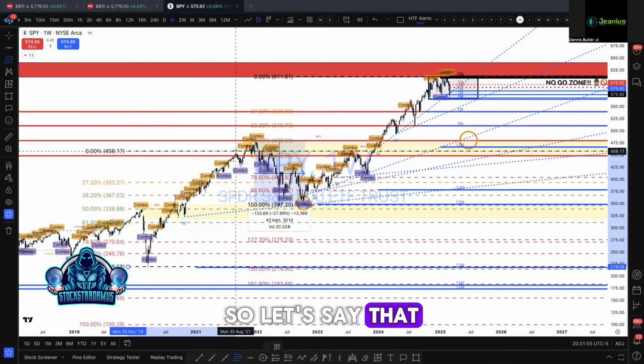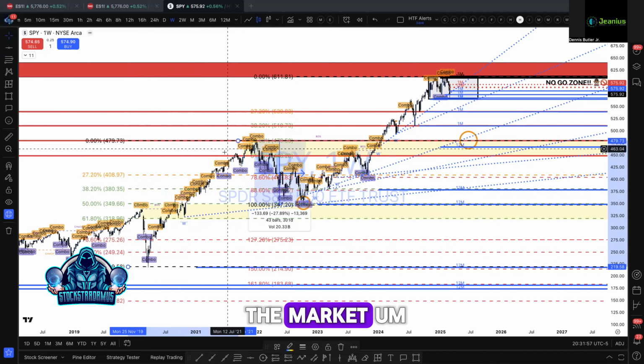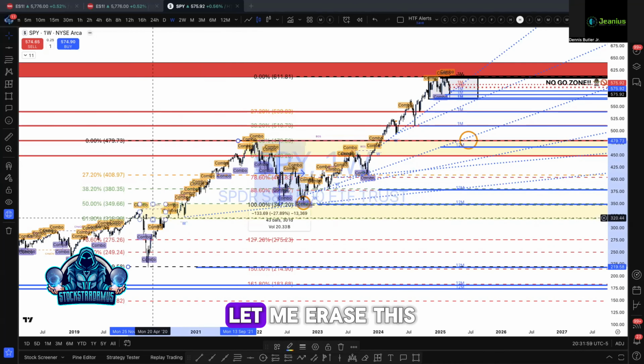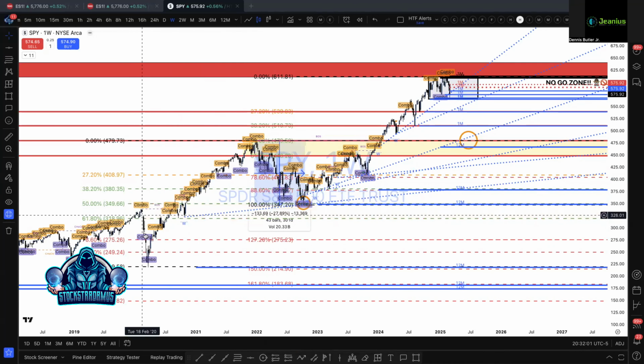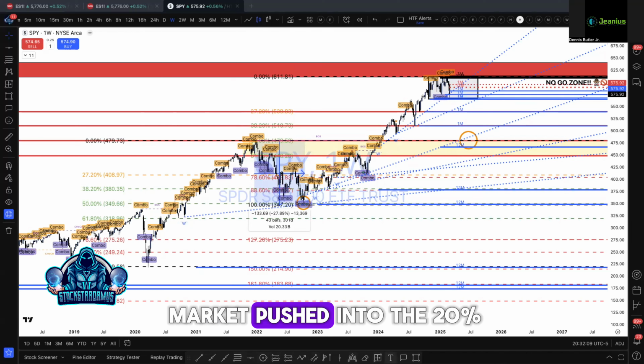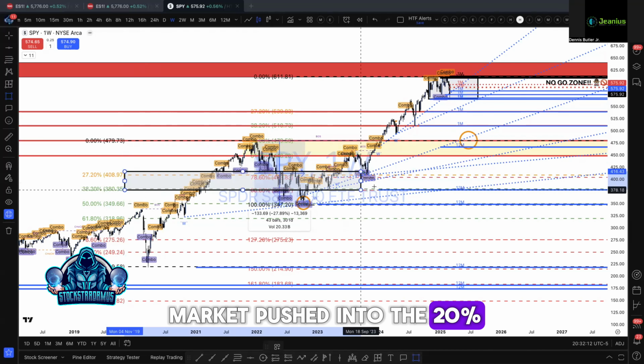So let's say that the market, let me erase this right here. Let's say that the market from this last retracement here pushed into the 20%. And let's say that it bought from there at the 20%.